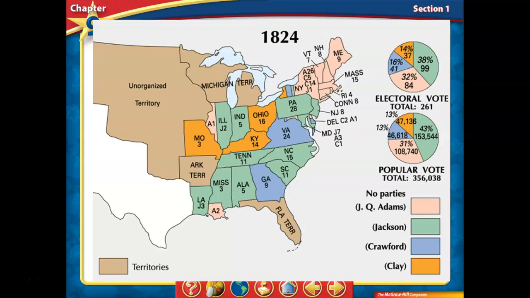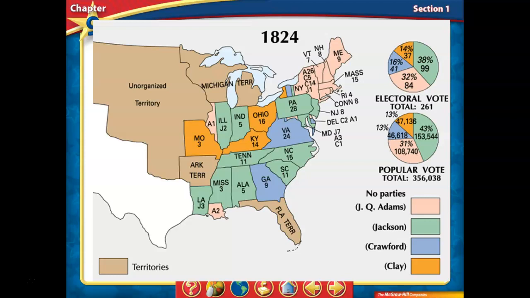But it's important to know what his next role is going to be. So when it goes to the House of Representatives, Jackson just automatically believes that he should be the one that wins, because he had the popular vote, he had the most electoral votes. But the House gets to vote however they want to. So because of that, they end up voting for John Quincy Adams. So he becomes the president in 1824, and Andrew Jackson cries foul.